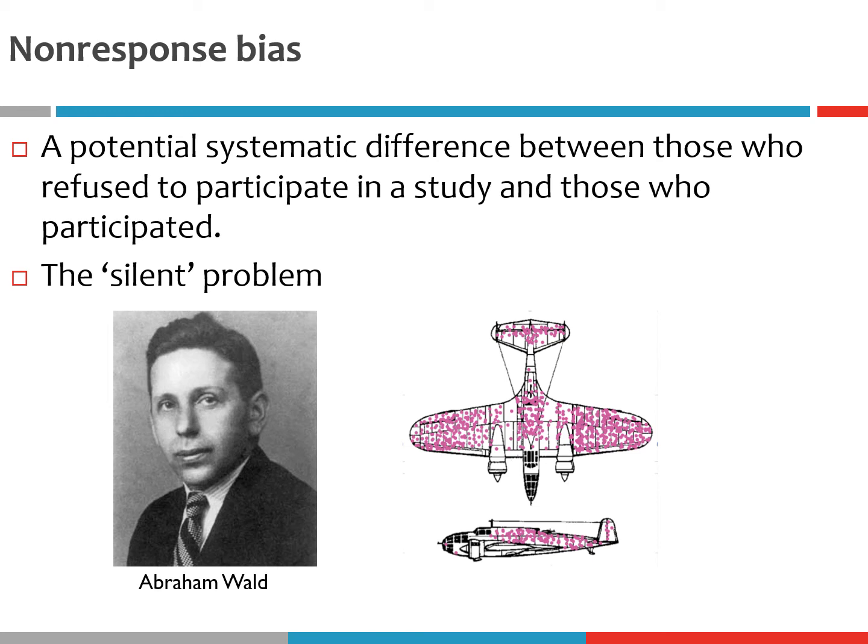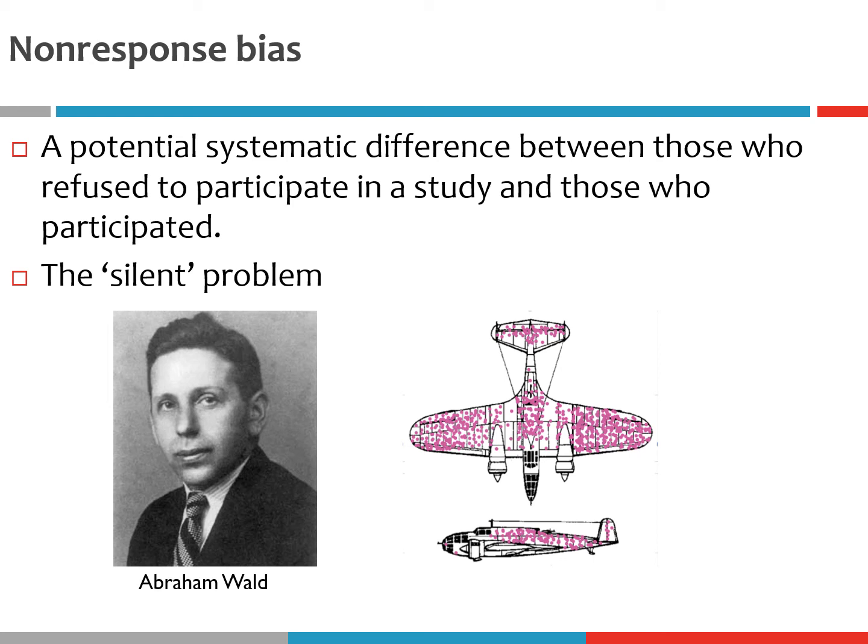So inherently, what that suggests is that it's better to reinforce those pristine areas with additional armor, because those pristine areas without bullet holes were those that were most important to the survivability of the aircraft, right?